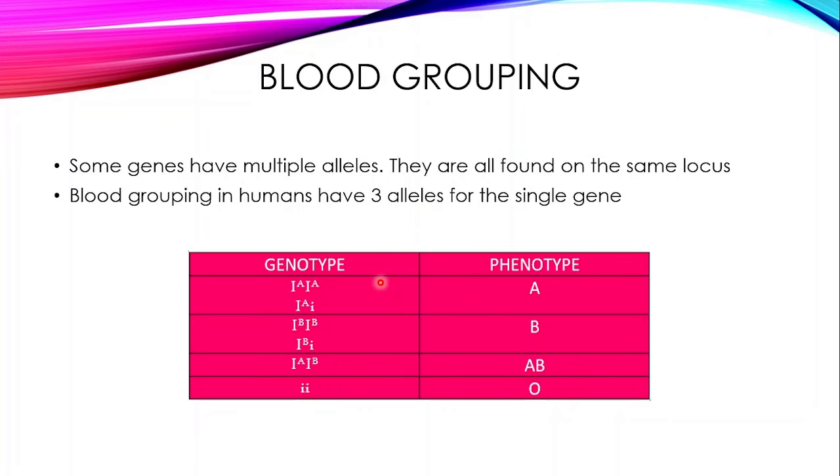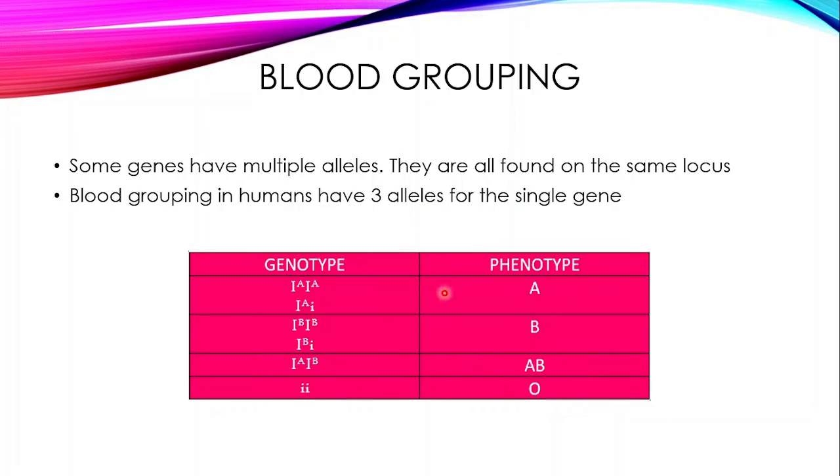Okay, so then we get to the genotypes and the phenotypes of blood groups. The genotype IA will give you A, but then the recessive one is the small i. And the big IA will mask the small i, so it will also give us A. IB will give us B, and in the same case, the big I with the B will mask the small i to still give us B. Then this is codominance, because there's an IA and an IB, and they both show up in the phenotype as AB, so this is codominance.